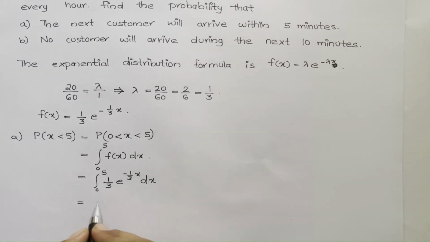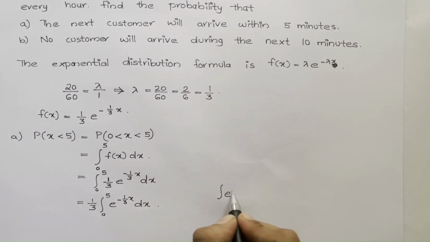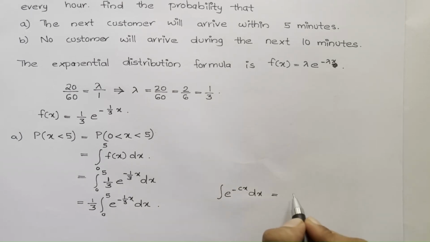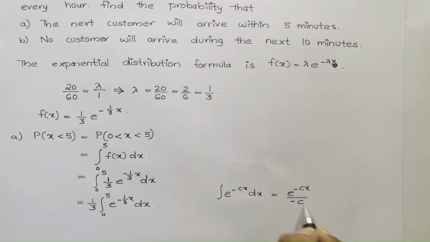We put 1 by 3 outside of the integral. That is 1 by 3 integral 0 to 5 e raised to minus 1 by 3 x dx. We know that integral of e raised to minus cx dx equals e raised to minus cx divided by minus c, where c is any constant.